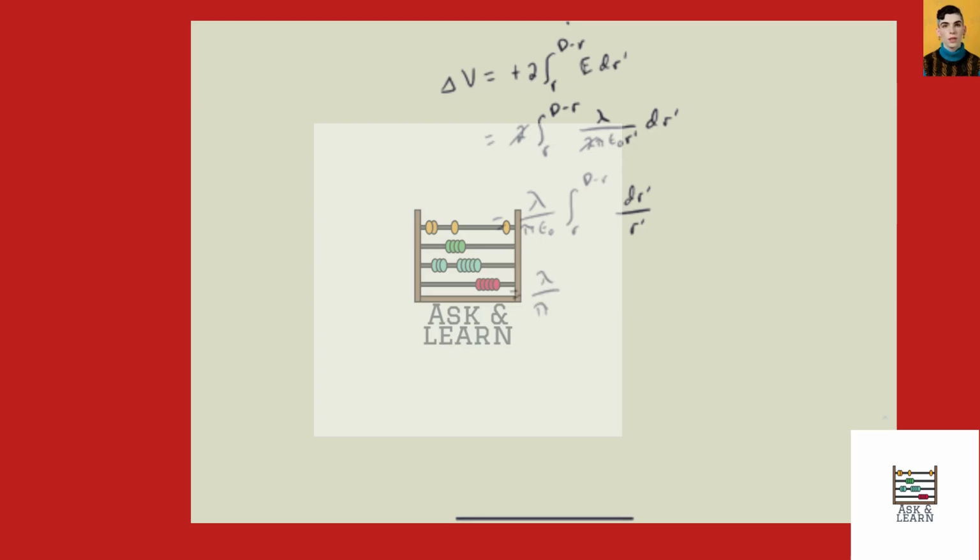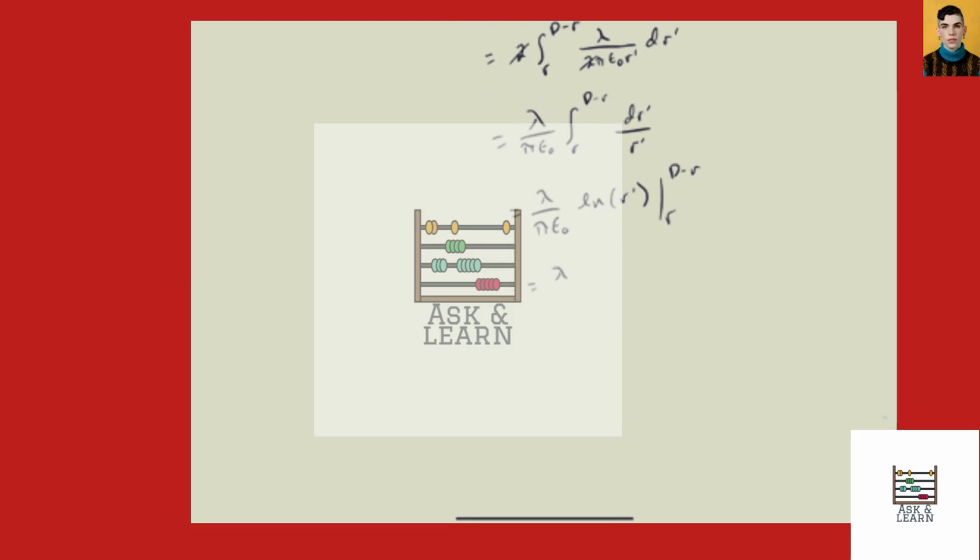So we take the integral of basically 1 over r, which is the natural log of r, from r to d minus r.